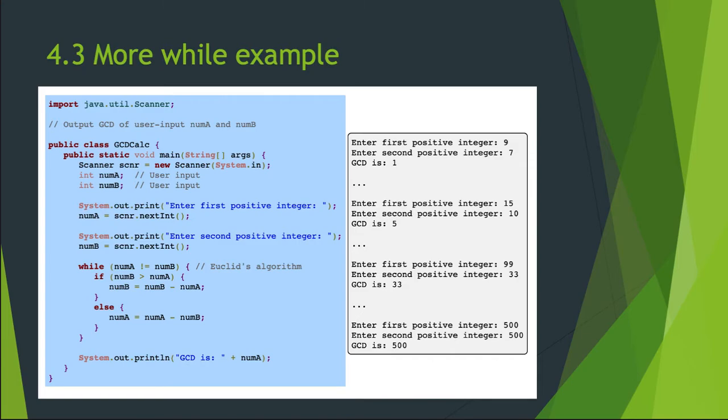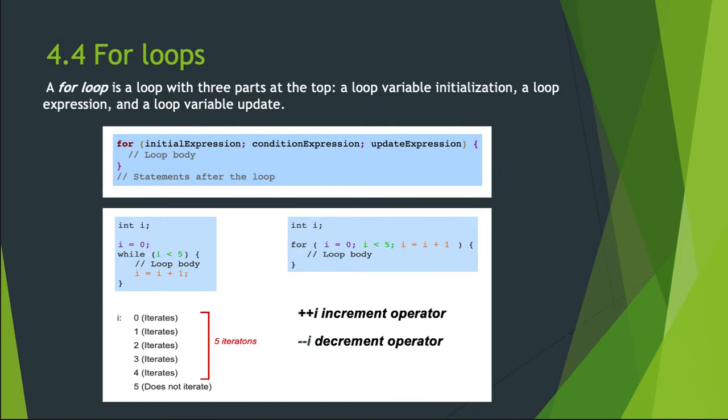Next, we take a look at the for loop. According to the slide, a for loop has 3 parts: the loop variable initialization, the expression, and the update.